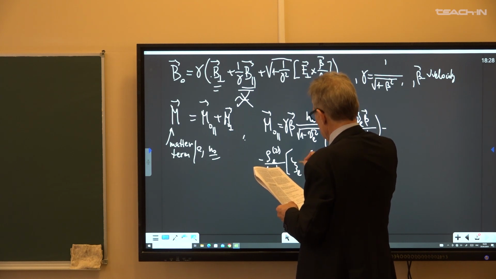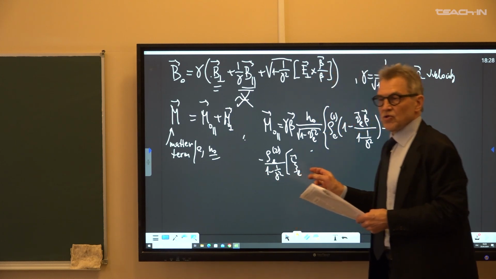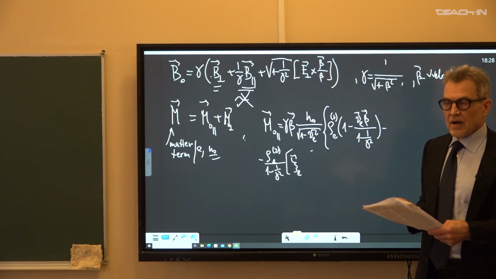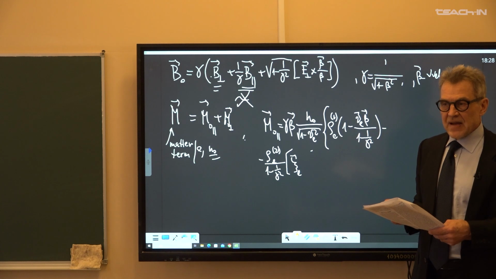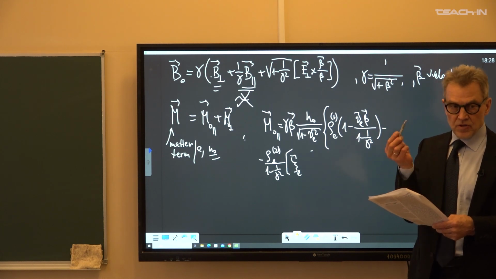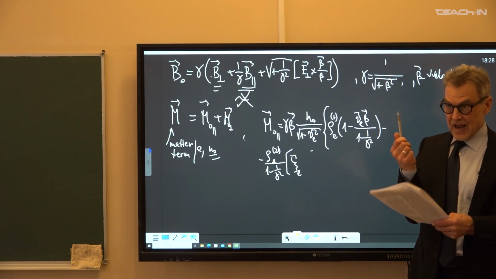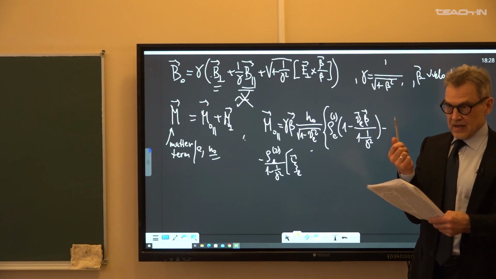This is what I have mentioned. This is the polarization of matter. Again, this is not the polarization of individual electrons, let's say. This is the total polarization of the whole matter, yeah?